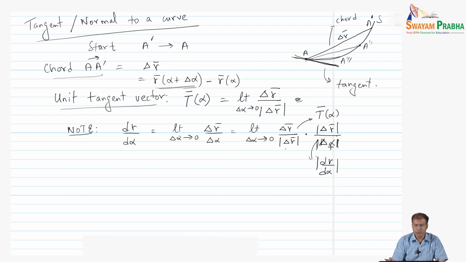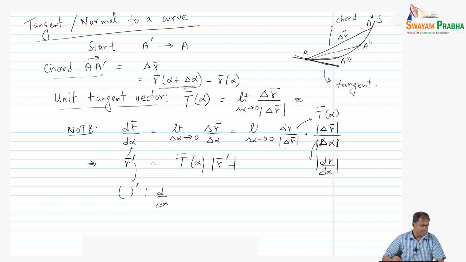The change is also going to be a scalar. So this is the magnitude of dR d alpha. What we have got is that R prime, where prime denotes the derivative with respect to the scalar argument alpha, R prime is the tangent T alpha times R prime mod, right?